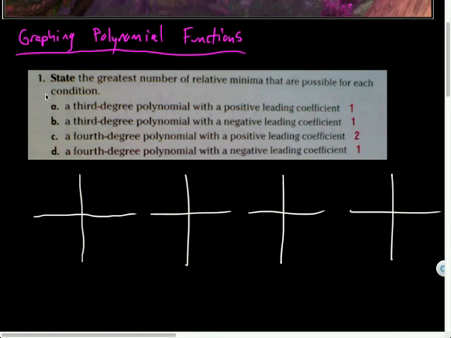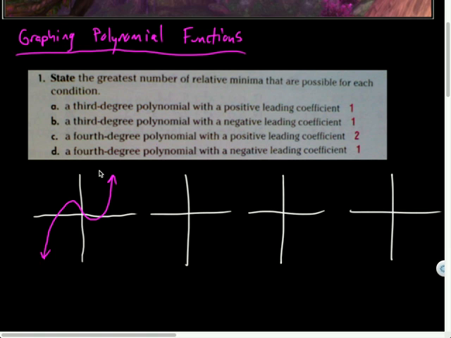Third degree polynomial with a positive leading coefficient, and the question is, what are the relative minima that are possible for each condition? With a positive leading coefficient, we know the end behavior: negative, negative, positive, positive matching up.